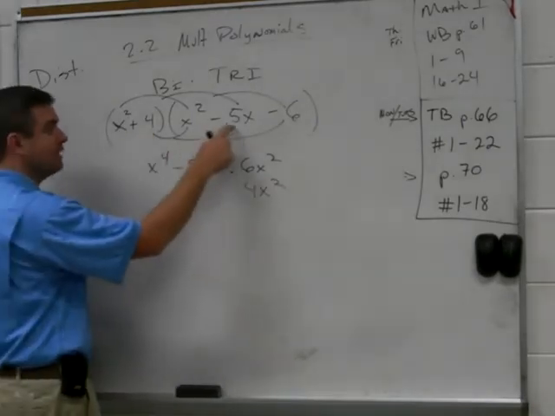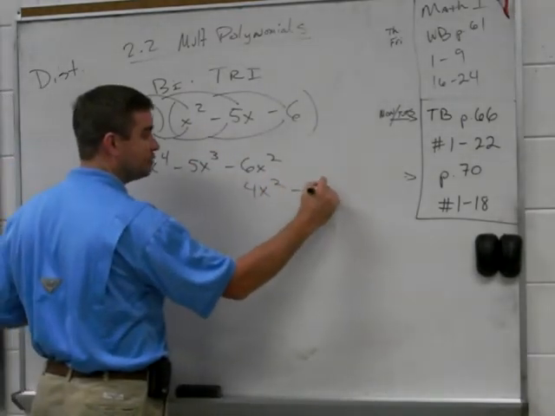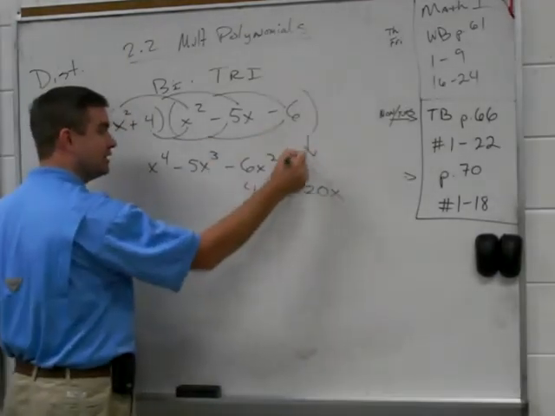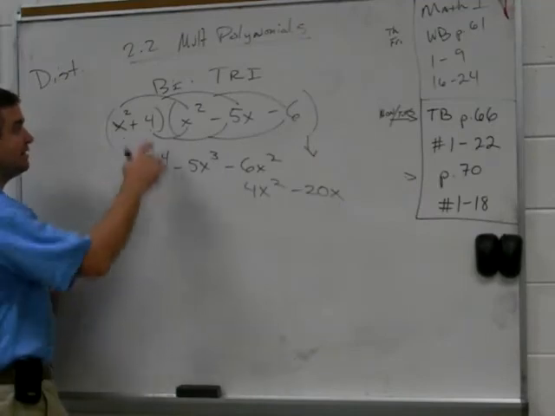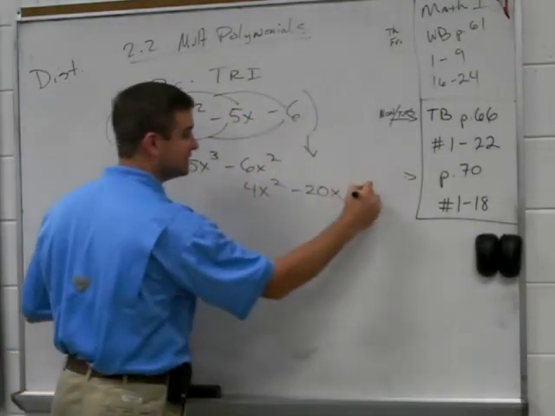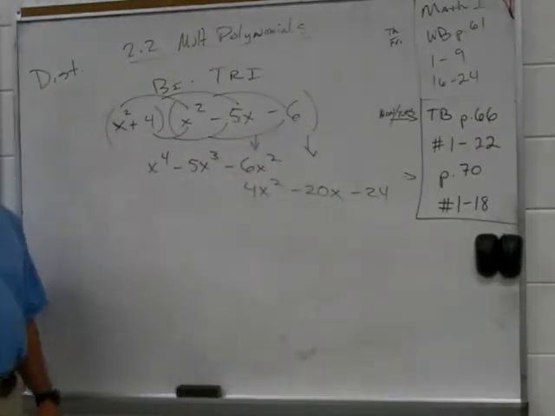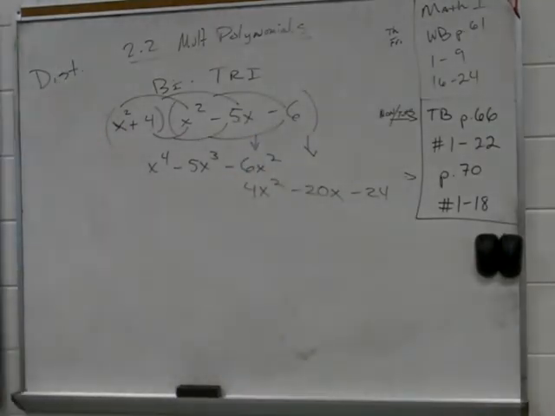Then I've got 4 times negative 5, which is negative 20x. It's out here by itself. There's no x to go above it. Then I've got 4 times negative 6, which is negative 24. So the only like terms are my x squareds. Those are the only ones that got stacked one on top of the other.